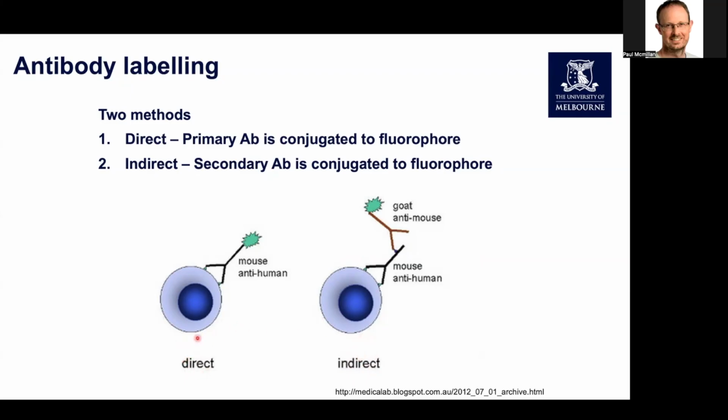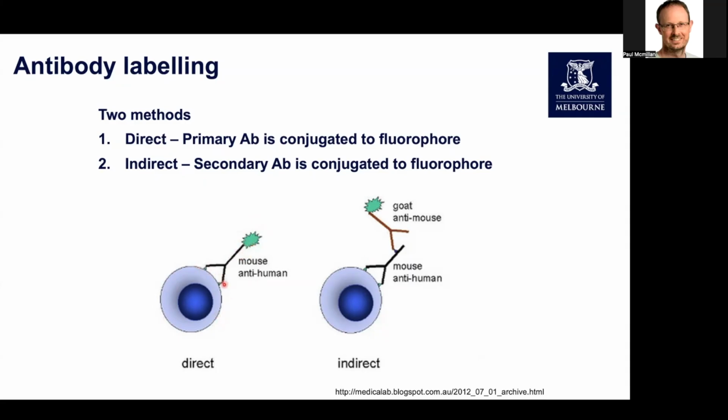In the direct IFA method, we have an antibody which is detecting our protein of interest, this little green thing on the surface of this cell here. And in this case, this antibody has a fluorophore directly conjugated onto it. Okay, so when the antibody binds the protein, we'll see that as fluorescence coming from that antibody.